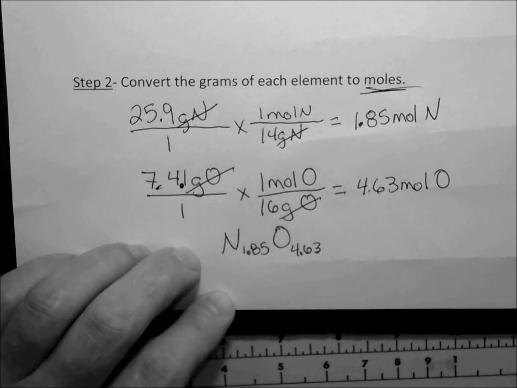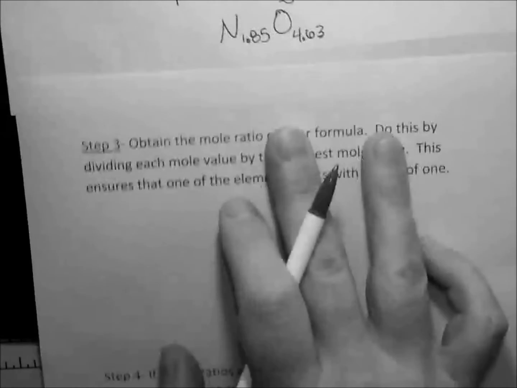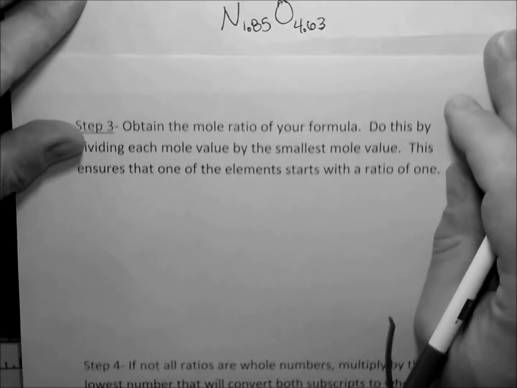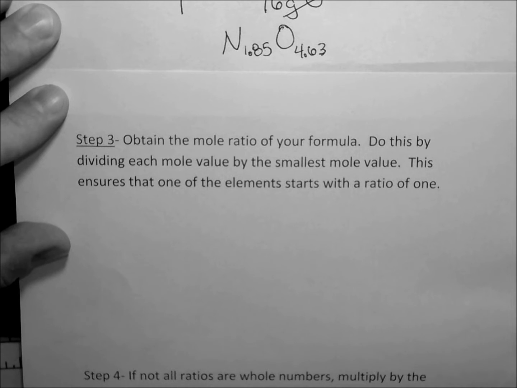We need another step here. So, step 3. Obtain the mole ratio of your formula and start this by dividing each mole value by the smallest mole value.